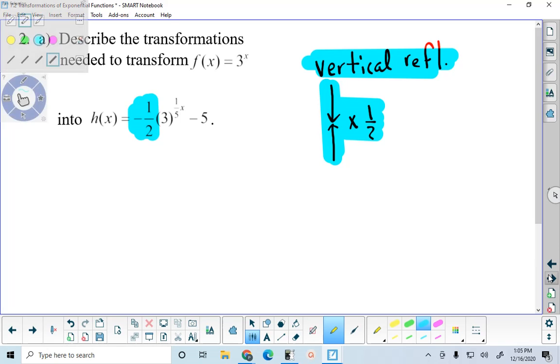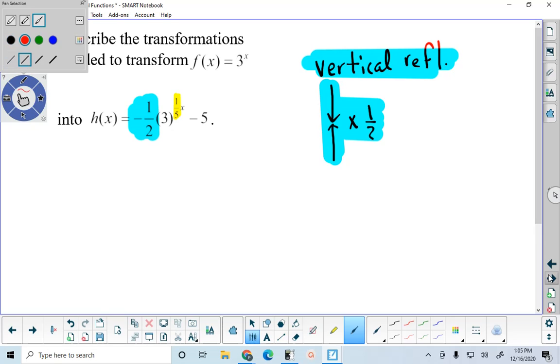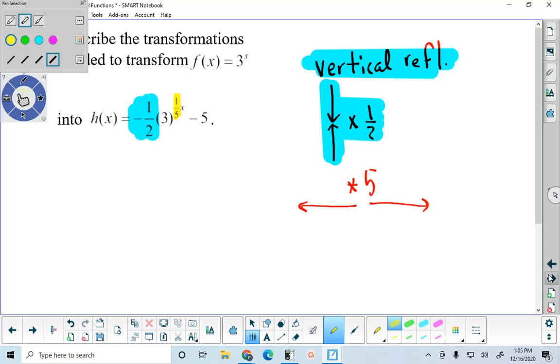We also have a B value, if I can squeeze this in, there's the B value of 1/5, and what that means is that there will be a horizontal stretch by a factor of 5, because the horizontal stretch factor is always the reciprocal of B. The number in the equation is B. The reciprocal of that number is the stretch factor.